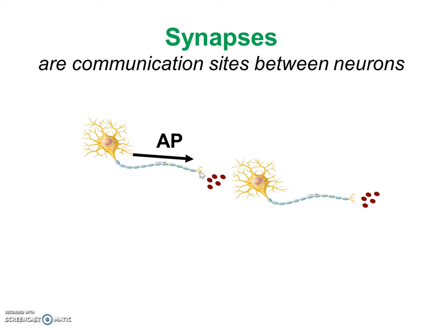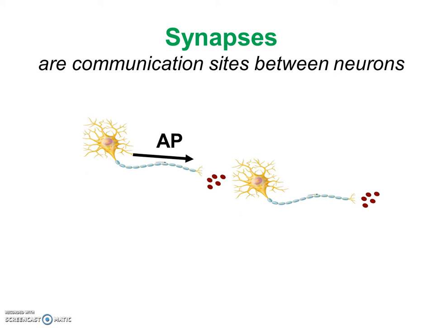Now let's say you want this information to go to the next neuron. Now, there's this synapse between the two neurons. So the synapse is the communication site between the neurons. The synapse is actually an empty space, so the neurons don't actually touch each other. So this is really important because think about how electricity travels. As long as it's in the wire and that wire is connected to another wire, right, then it's fine.